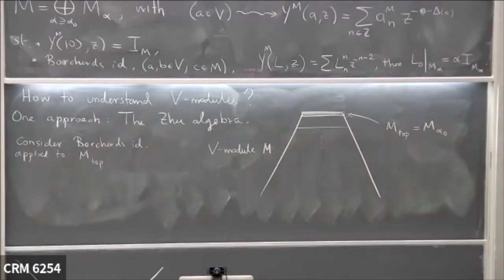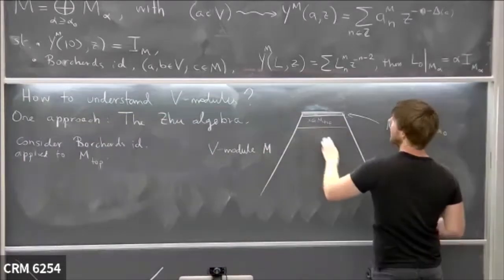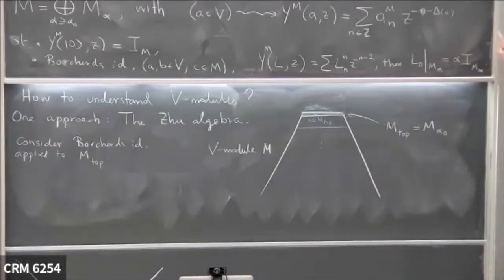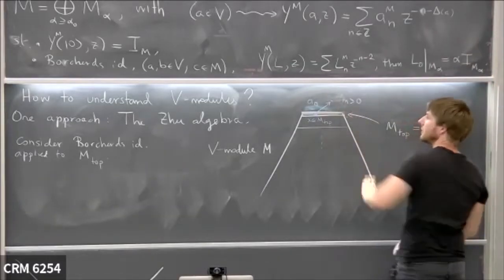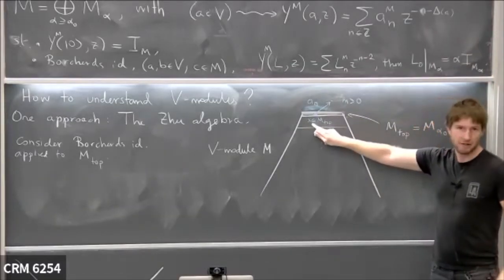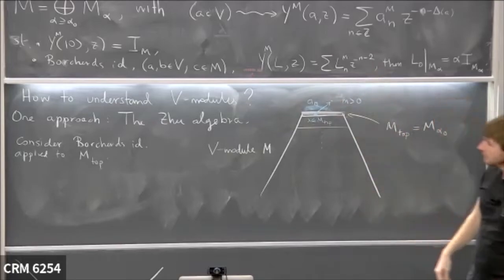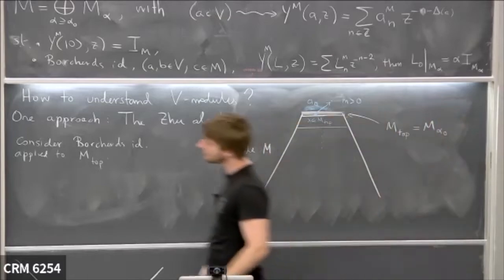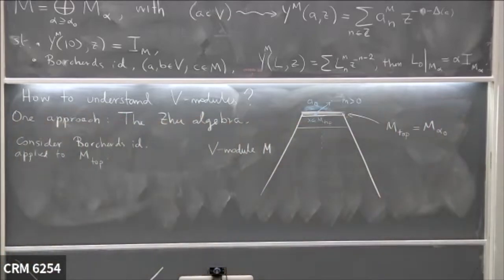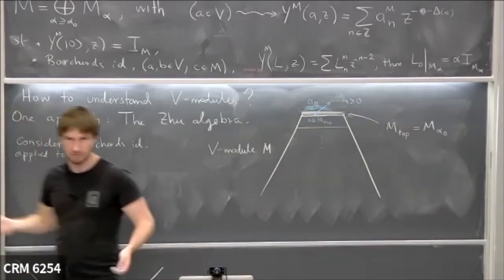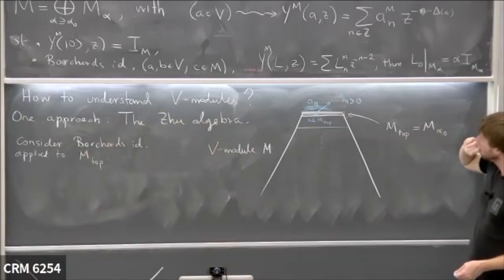Let me do the following. I apply A_m, where m is greater than 0. That's going to annihilate this vector, because this lemma also applies in the module, since we deduced it from Borcherds' identity.